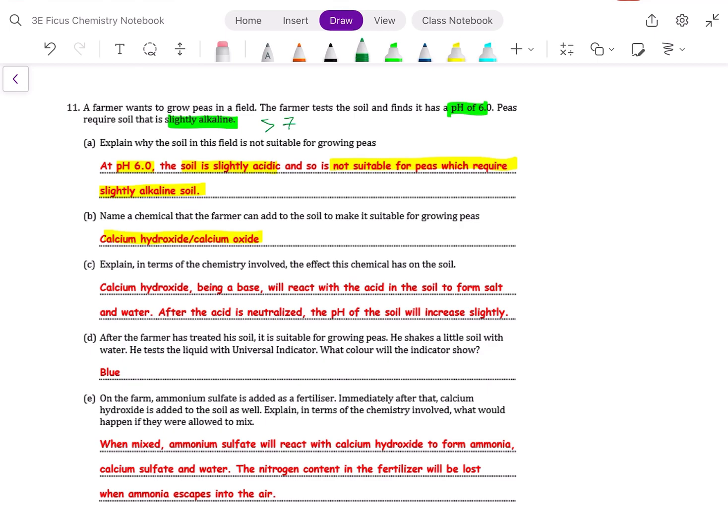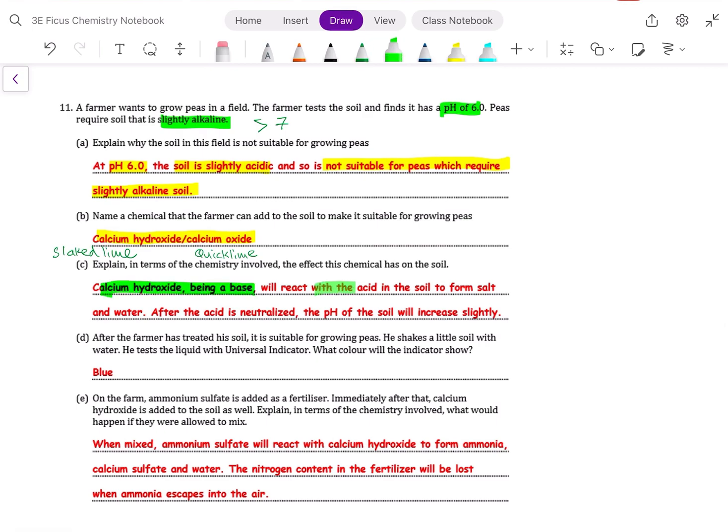So you do liming. This one is your quicklime. This one is your slaked lime. You cannot use other kinds of hydroxide because they are insoluble. Explain in terms of chemistry the effect this chemical has on the soil. Calcium hydroxide being a base will react with the acid. After the acid is neutralized, the pH of the soil will increase.